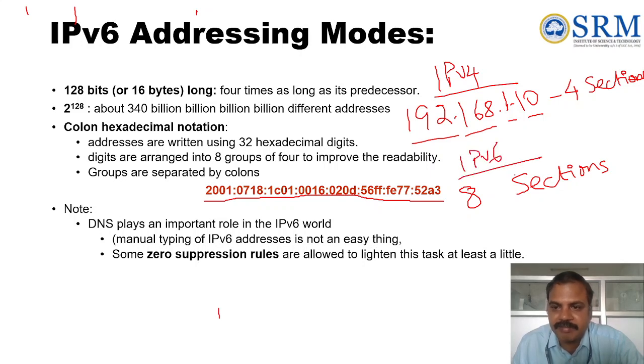In IPv6 we have 8 sections. So 4 becomes 8, and each section has 4 hexadecimal numbers.